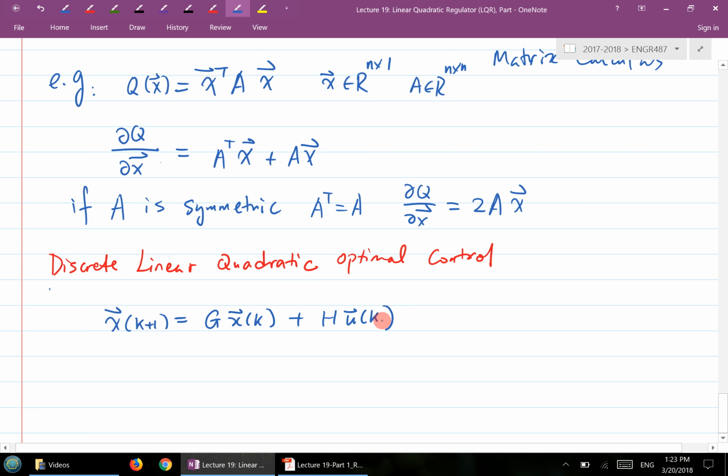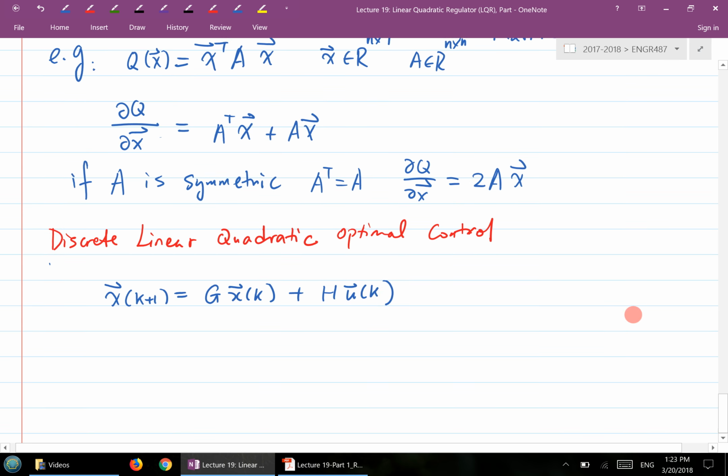Now the question here is, you will have to consider this system as the constraint. As a matter of fact, it's not just one constraint. If you expand this vector here, you have multiple constraints, right? x1 of k plus 1 equals g x1 of k plus u of k.